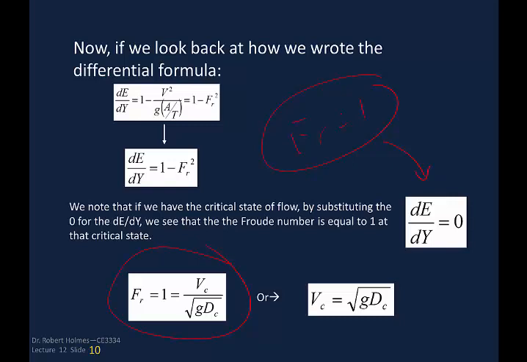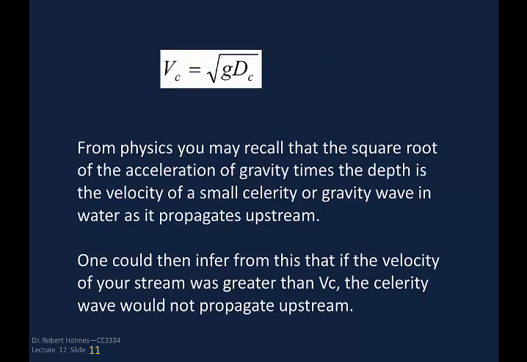And as I've mentioned, or maybe I did not mention, when we look at this value, the square root of g times hydraulic depth, from physics you remember that that's the velocity of a celerity wave. If I take a quiescent pool of water and drop a pebble in it, I get a celerity wave that moves out at the square root of g times the hydraulic depth.